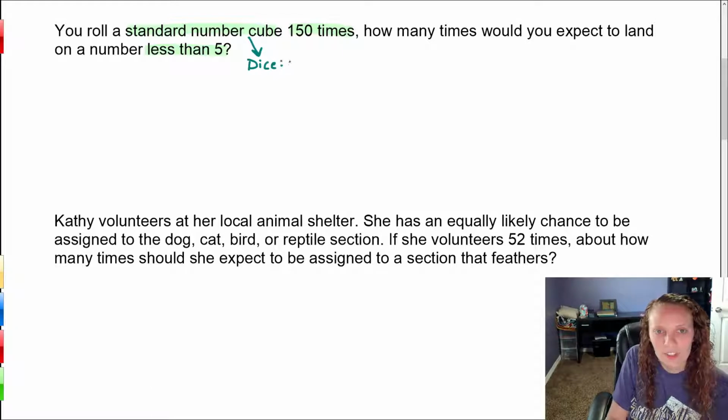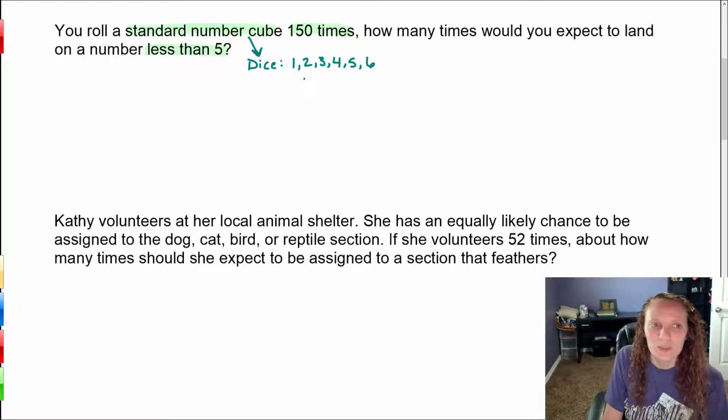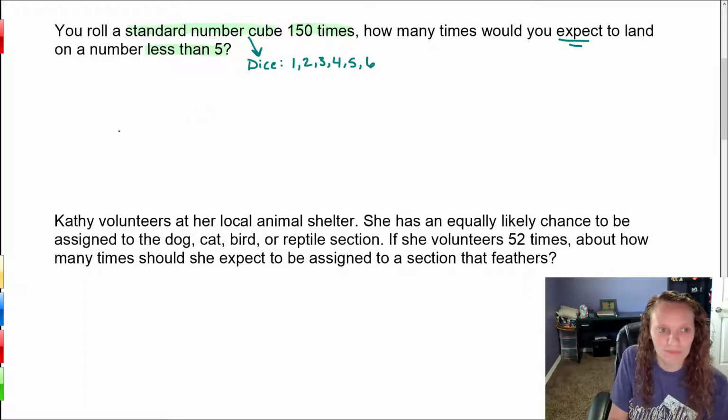Now, when they say standard number cube, that is just talking about a dice. And so the numbers on a dice, let's list them out, would be 1, 2, 3, 4, 5, and 6. And then since we are predicting, it says how many times would you expect, let's set up another proportion.